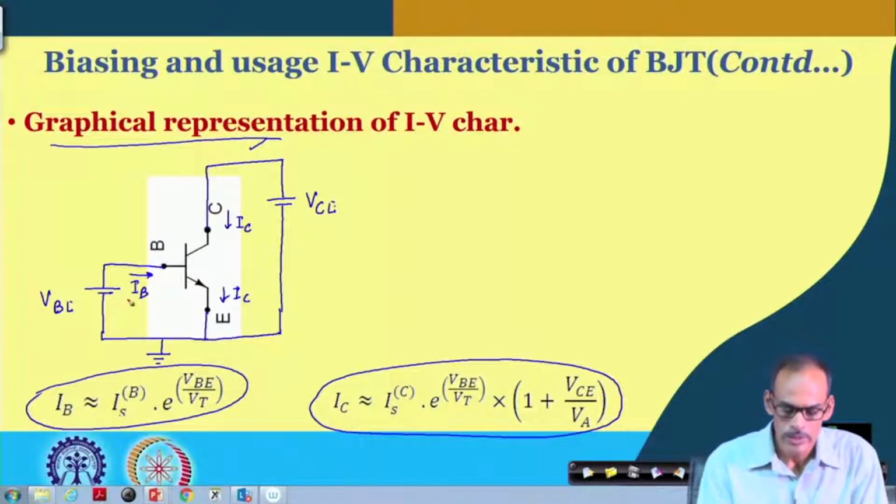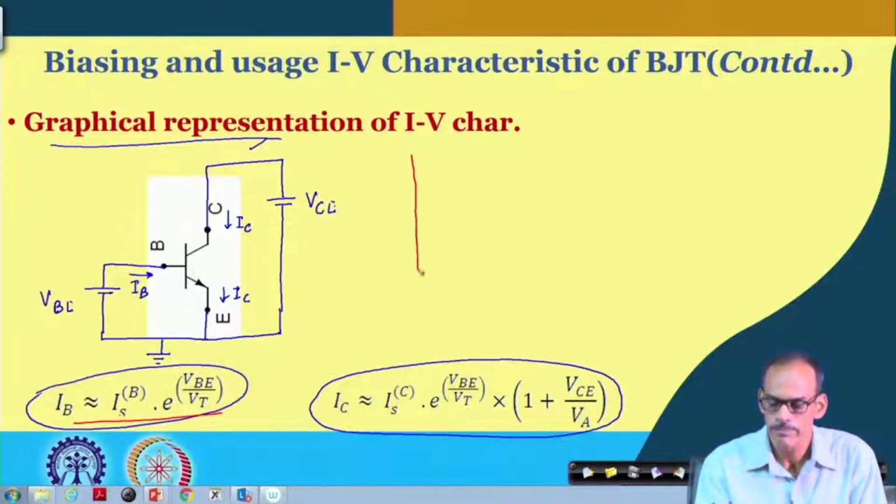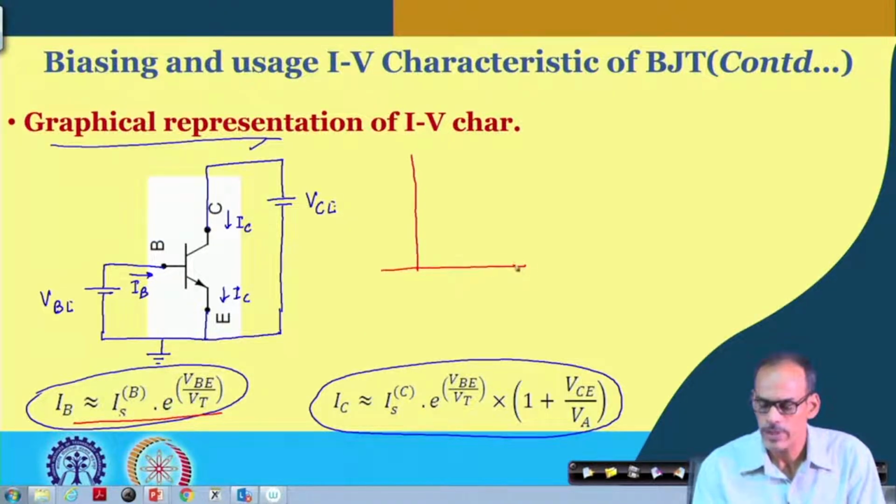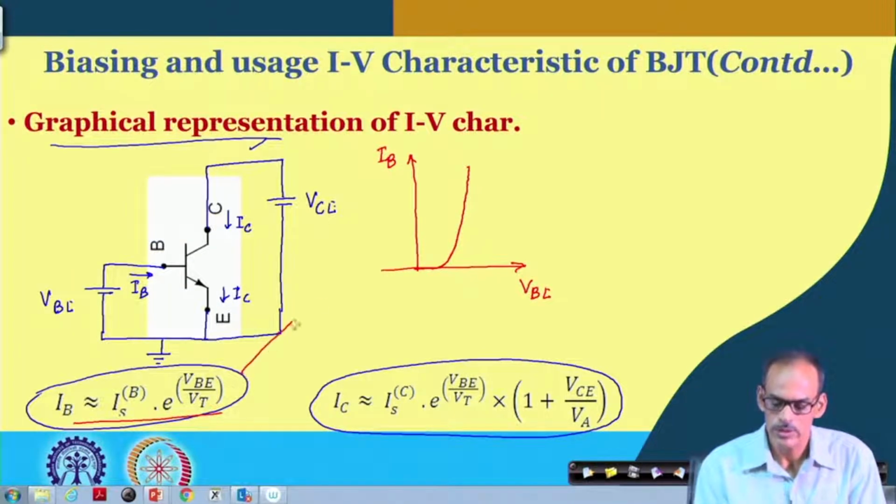If we consider the first equation, IB versus VBE, the equation suggests that it is similar to the diode current in the forward biased condition. So, this will have exponential behavior, and this is how the equation is represented graphically.